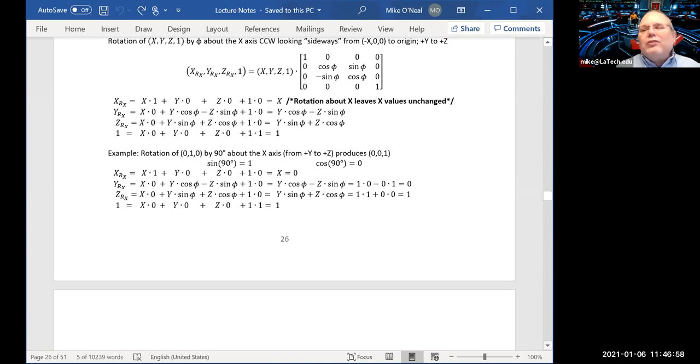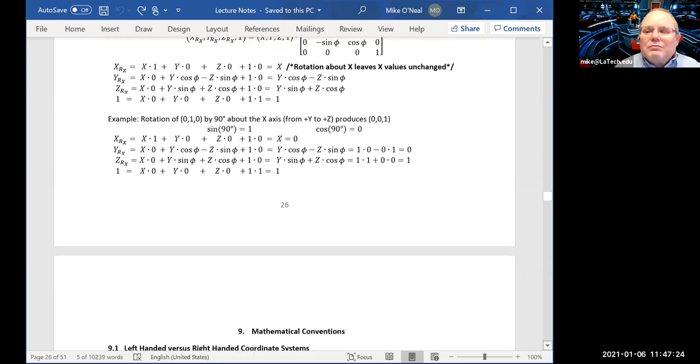So there are trade-offs. That's why different people do these things different ways with different assumptions, because it seems kind of weird to talk about looking at something from minus. Why aren't you looking at it from positive? Well, because in a left-hand system, when you do your projection, you're going to be looking at it from minus z. So why not treat the other axes in the same way, where you're looking from the minus position?